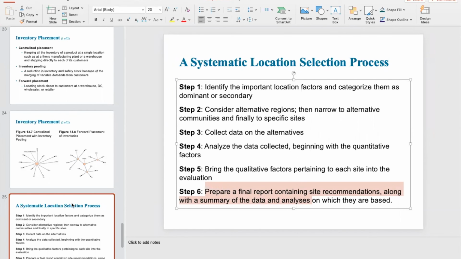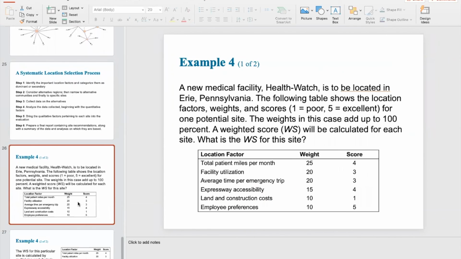Here I provide another example about the supply chain logistics final evaluation. You can clearly see that within this example, let's say this is a new medical facility. It will be located in a city in Pennsylvania.